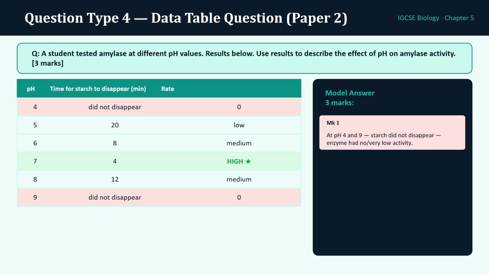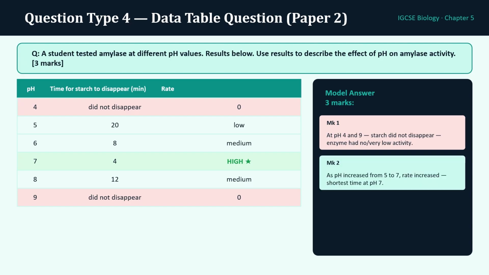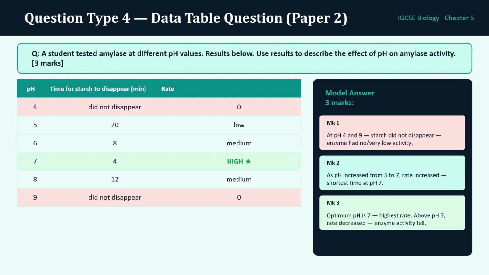At pH 4 and pH 9, starch did not disappear because the enzyme had no activity. Mark 2. As pH increased from 5 to 7, rate increased. Shortest time at pH 7. So pH 7 is the optimum pH value. Mark 3. Optimum pH is 7, highest rate of reaction. Above pH 7, the rate decreases.